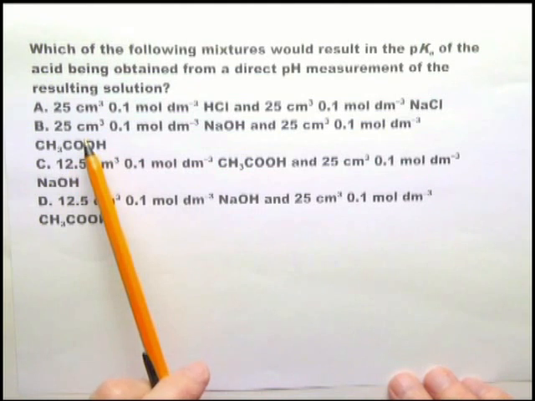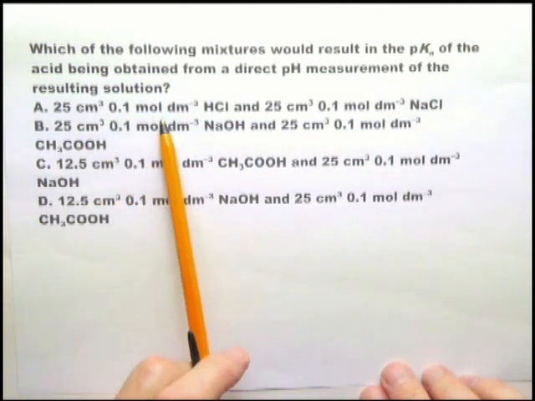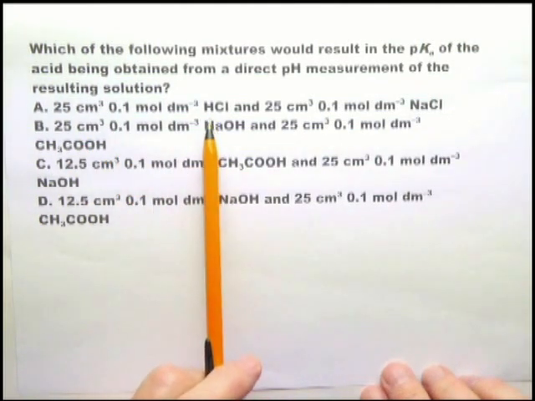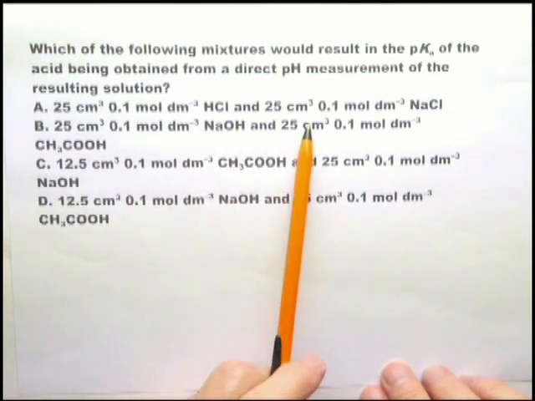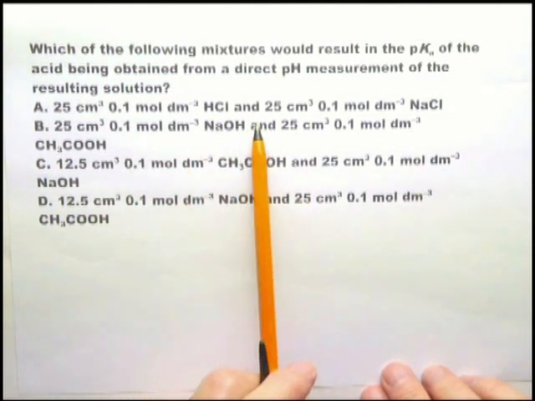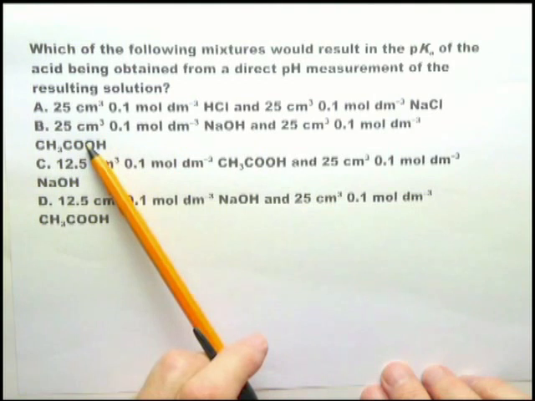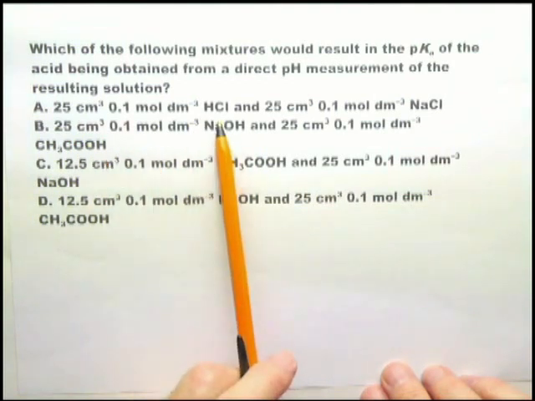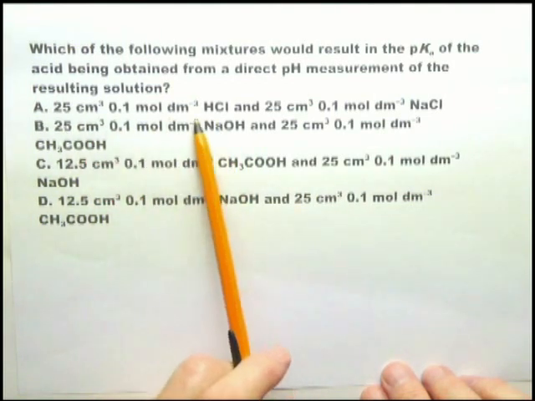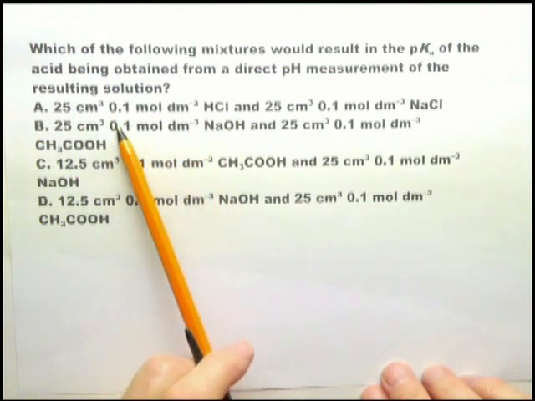So let's look at them one by one. You've got exactly the same molar quantities of sodium hydroxide solution and ethanoic acid. This cannot be a buffer. This is a sodium salt of ethanoic acid. This is the sodium salt of ethanoic acid. This would not be a buffer.